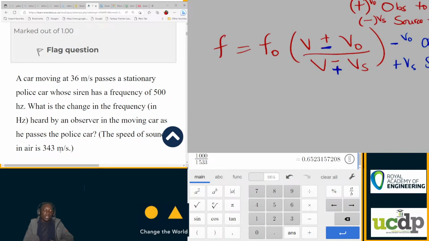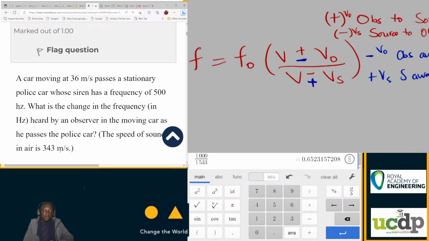So in this case, we are going to consider a case whereby the observer is coming towards the source. So we use the top one for the first part. We'll call this the first case. Then as the moving car passes the police car, the observer is away from the source, so we will follow our next equation with that expression.